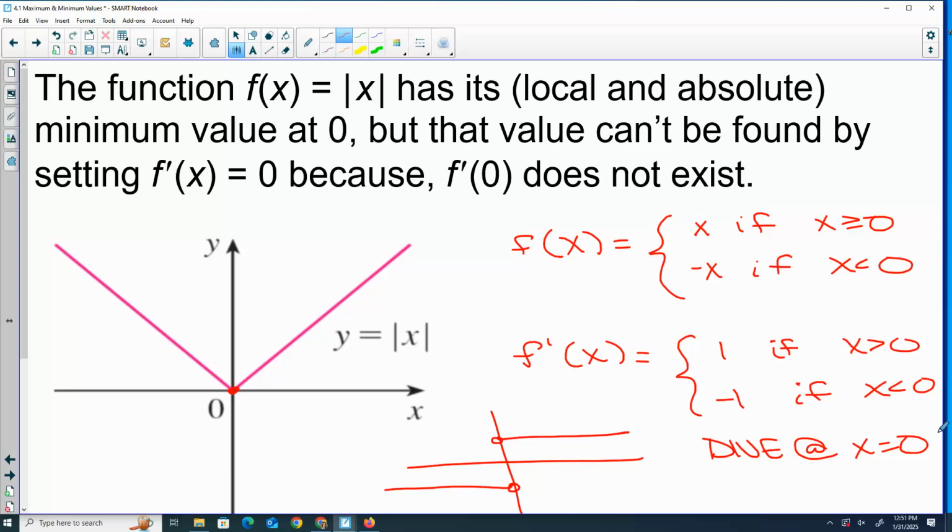These numbers where the derivative is equal to 0 or undefined are called critical numbers. So when we are finding maxes or mins for a function, what I'm going to ask you to do is find all of your critical numbers, anywhere your derivative is 0 or undefined. Then we are going to test those to figure out which ones are the maxes and mins of our particular function. So let's just jump right to it.